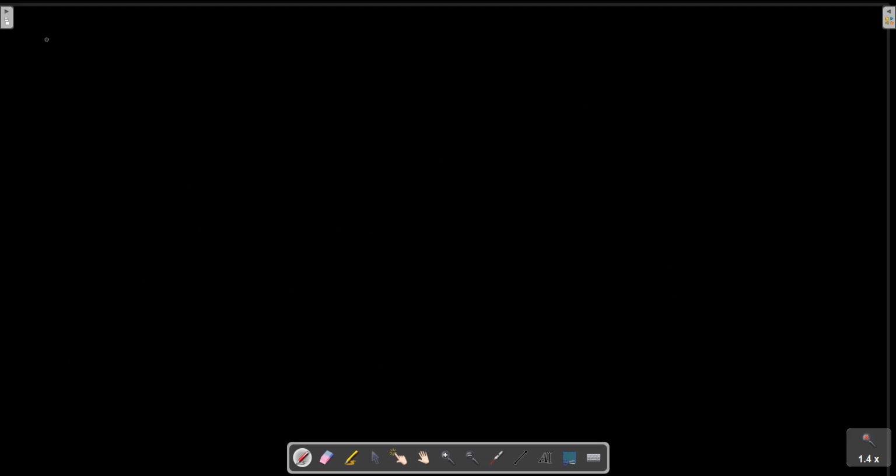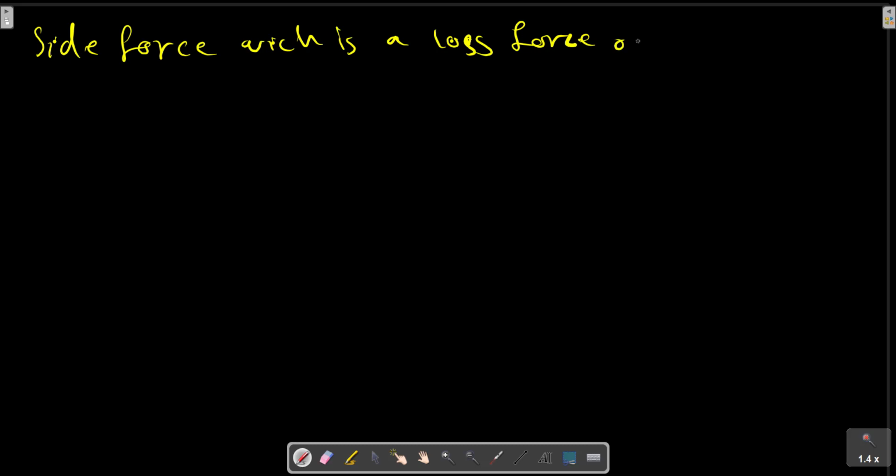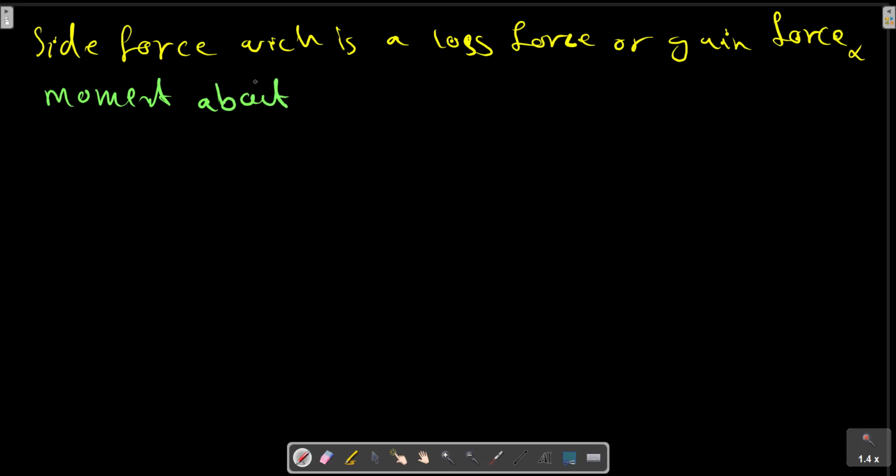And the moment about the side axis is the pitching moment.